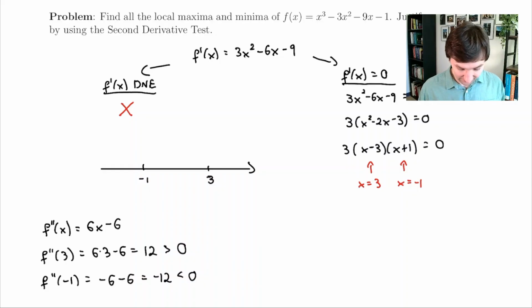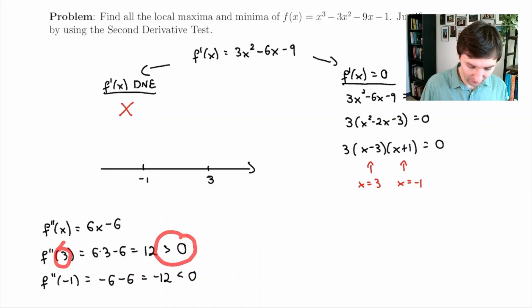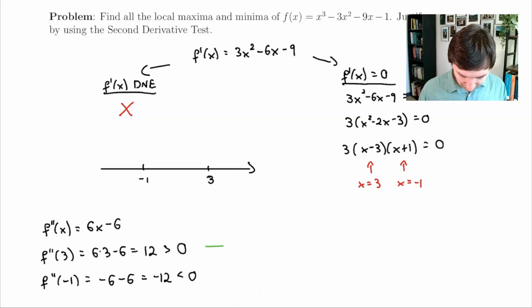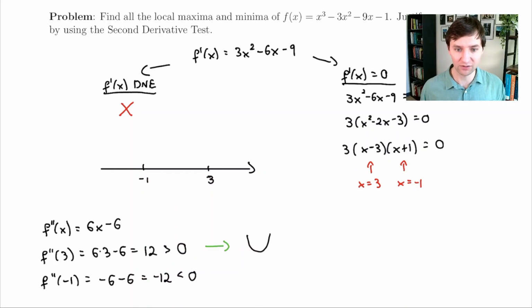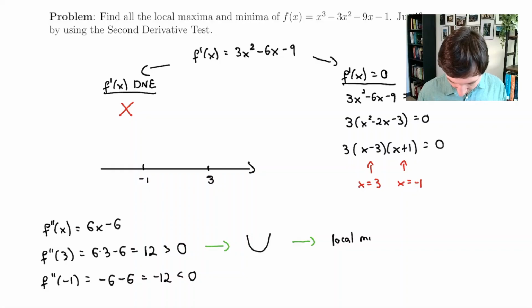Because the second derivative at 3 is positive, this suggests that the function is concave up. And because the function is concave up near that point, according to the second derivative test, this implies that you get a local min at x equal to 3.